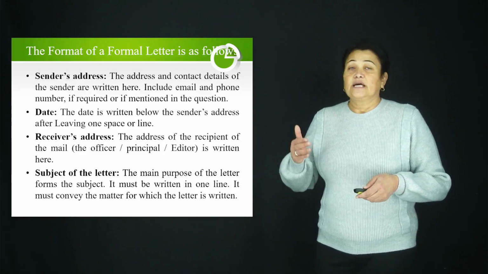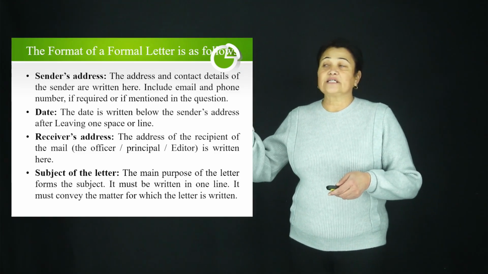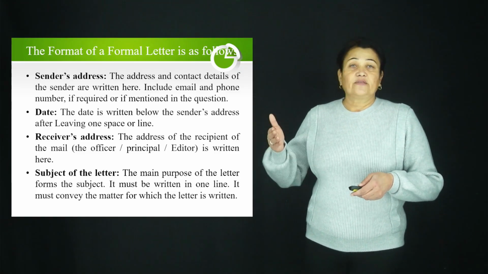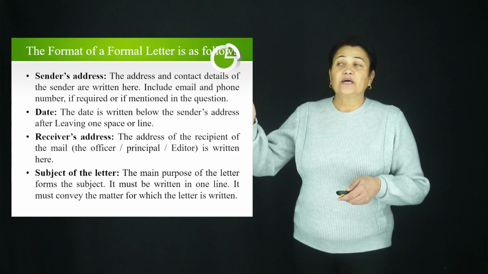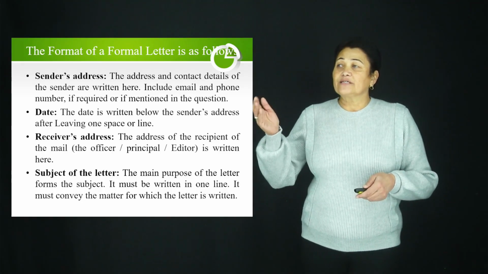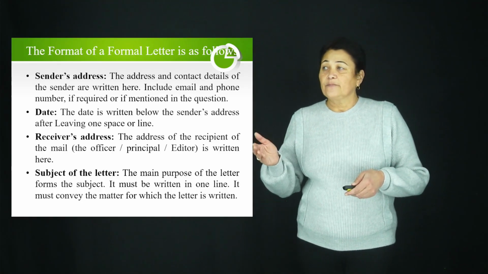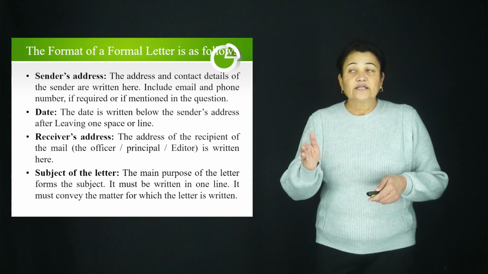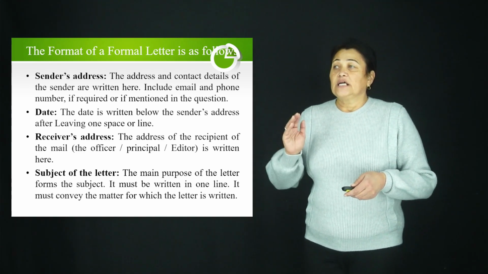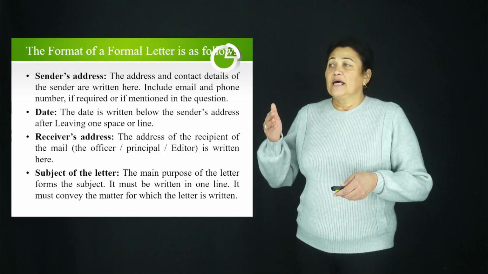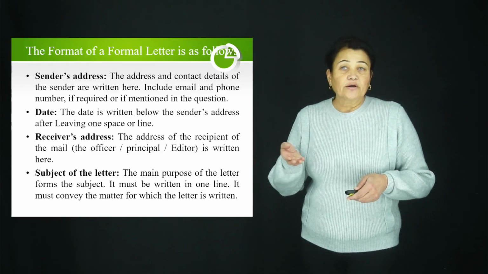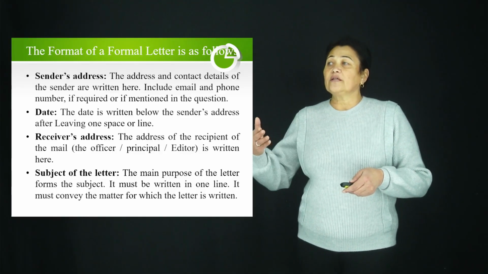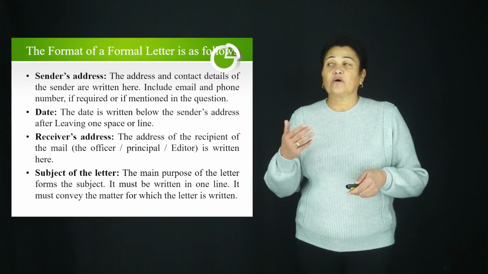First of all, you should write the sender's address. While writing the sender's address, you should pay attention. The address and contact details of the sender are written here. Include your email and phone number, if required or mentioned in the question.